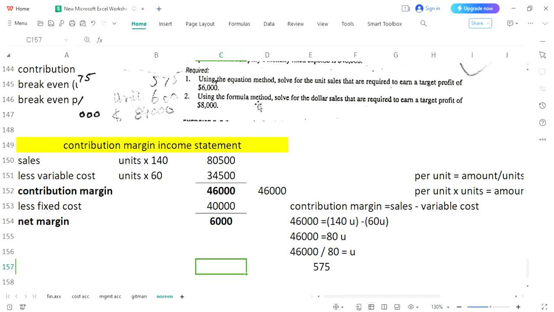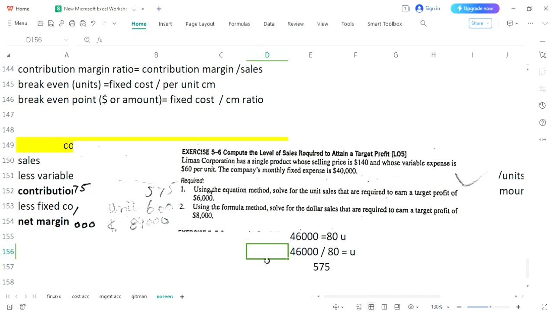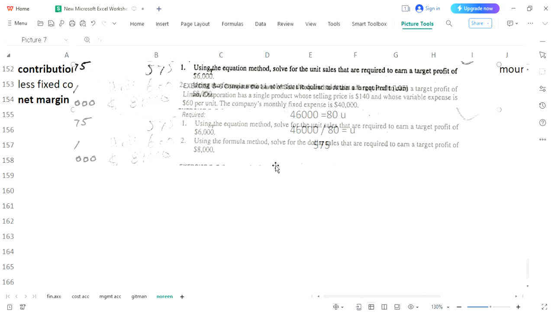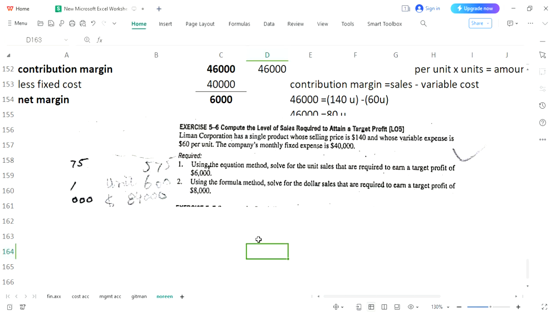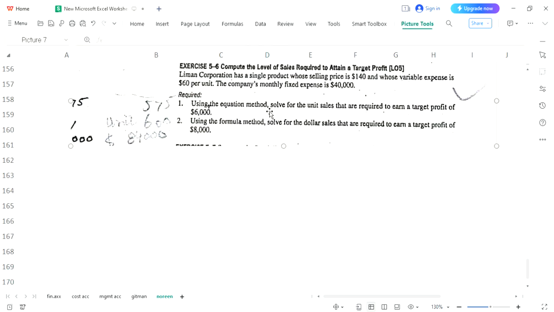Here please focus. The formula method would be used to calculate your target profit. For that purpose we will use a new space. This is the second part of the question. Let me make a little more space so that previous things are not visible. They may distract you.